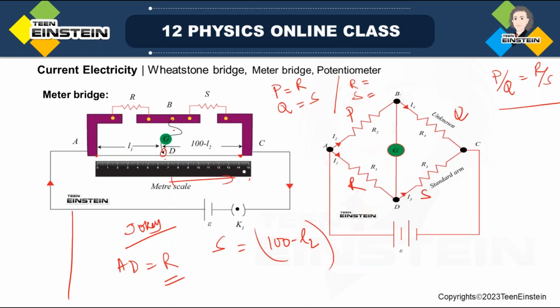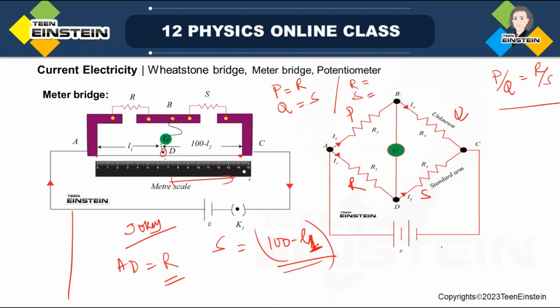When no current is flowing through the galvanometer, then what happens? R we have got, S also we have got. So in this case, I have got R, S and all those things.